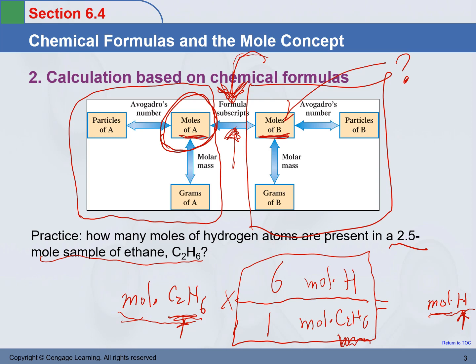This is what we learned from the macroscopic view of a formula. It tells us the molar relationship between everything in this formula. Make sense? Let's put in 2.5 moles: 2.5 times 6 divided by 1, that's 15. We have 15 moles of hydrogen in 2.5 moles of ethane.